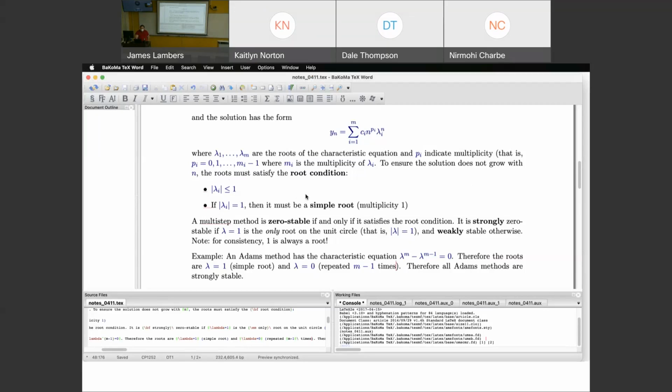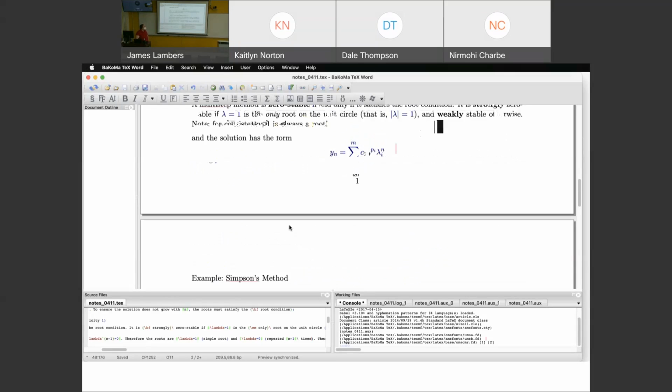Now here's another example. The Simpson's method is a, oh, wait a minute. Why are we not scrolling? Scroll. What are you doing? I'm totally scrolling up and down right now, and this is doing nothing. Oh, we're having problems connecting to the network.